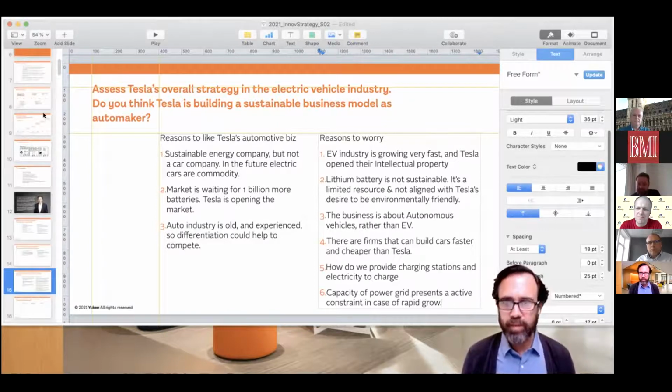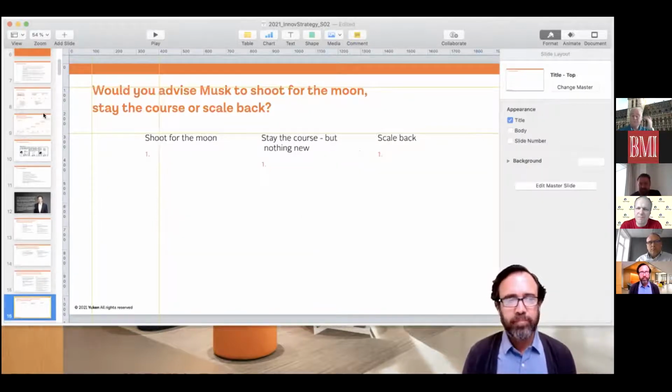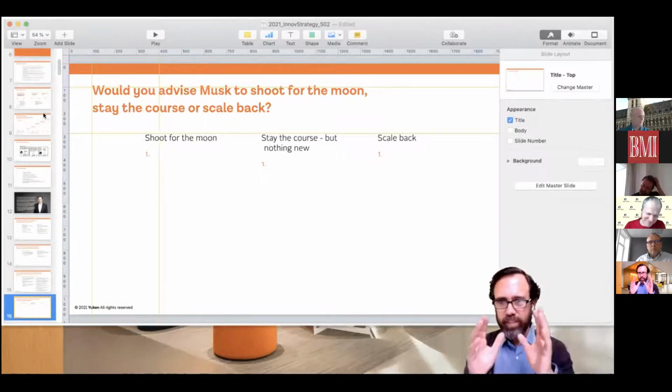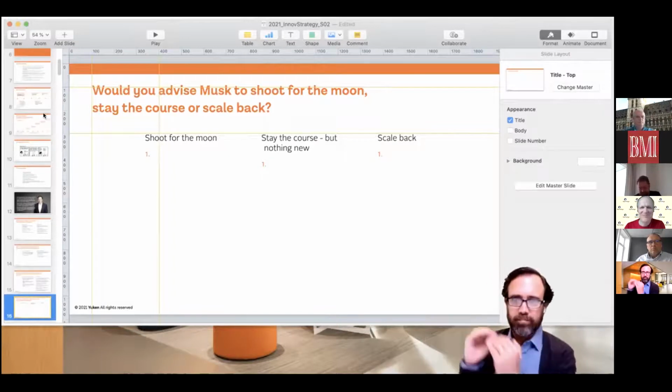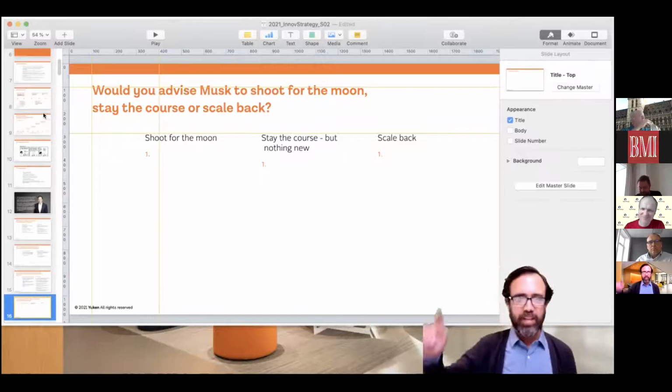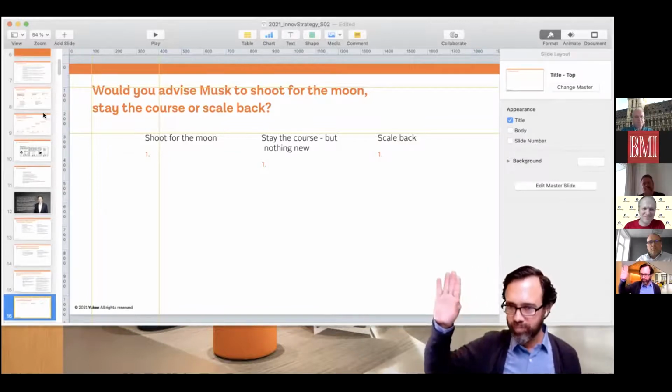Now, what would be your advice: shooting for the moon, a big bet; stay the course, but don't do anything new; or retire some aspects and scale back? How many of you think shoot for the moon? 1, 2, 3, 4, 5, 6, 7.